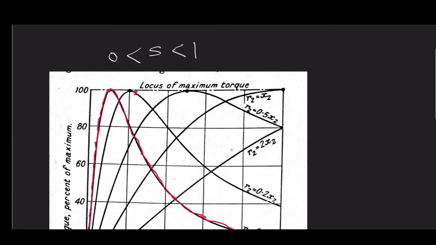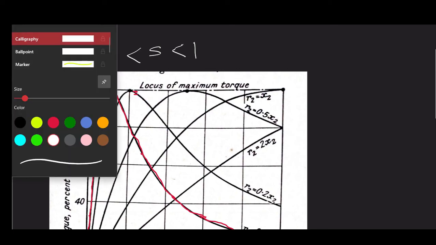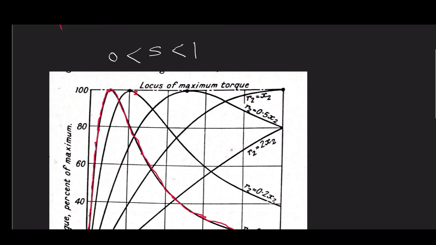So this is getting squished for a small value of R2. However, for a particular value of R2, as I have marked in red color, one particular curve for a fixed R2, let us try to understand how this kind of typical shape is coming and what is that particular value of slip which offers us the maximum torque.